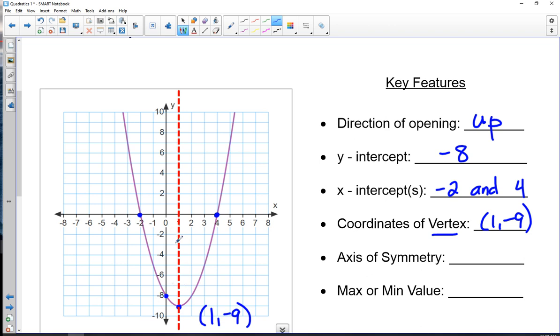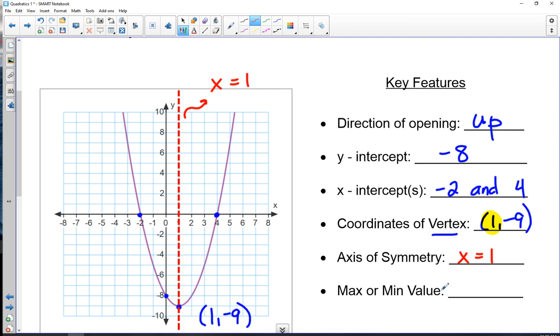This axis of symmetry always has an equation of x equals the x coordinate of the vertex. So in this case, x equals 1, and that will always match the x coordinate of the vertex.